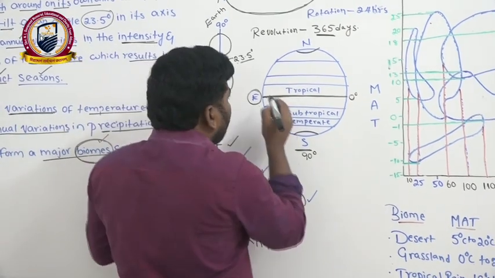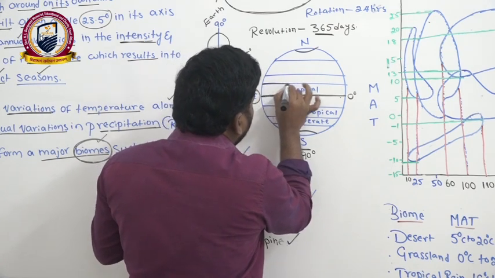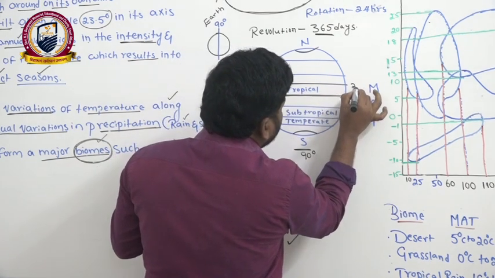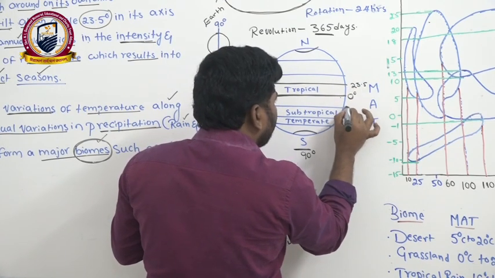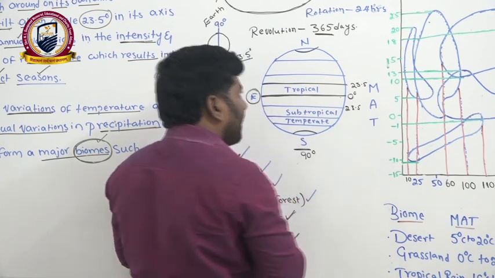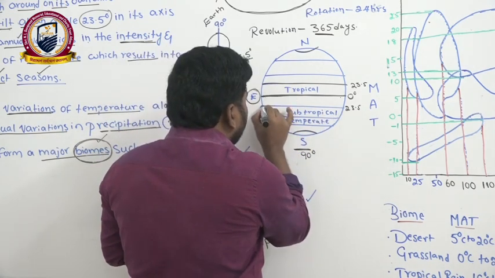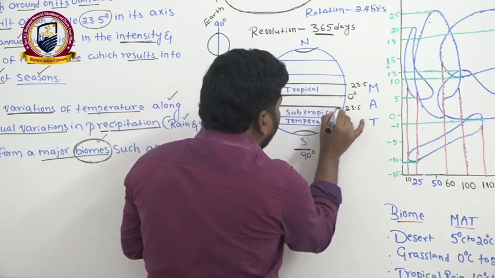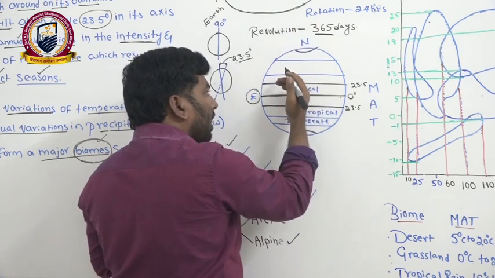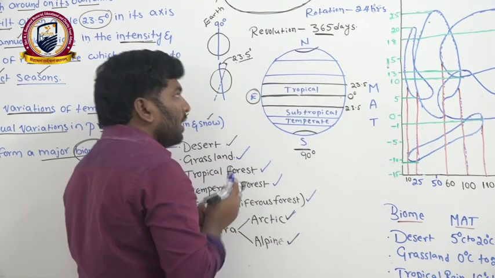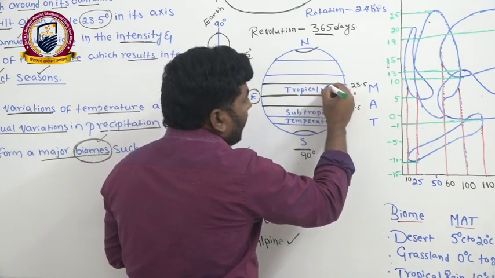Now if you move away from this equator line, about 23.5 degrees, which is given in our textbooks and many books, whether towards the north pole or towards the south pole, this area we consider as the tropical area.